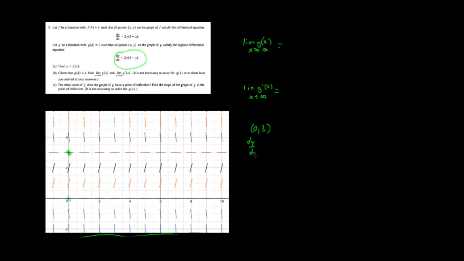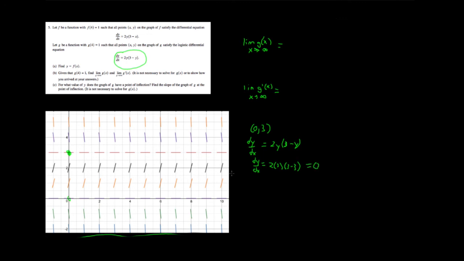So we're going to plug 0 and 3 into dy over dx equals 2y times 3 minus y. When we plug this in, it just ends up equaling 0, because 3 minus 3 is 0, and then 6 times 0 is 0.